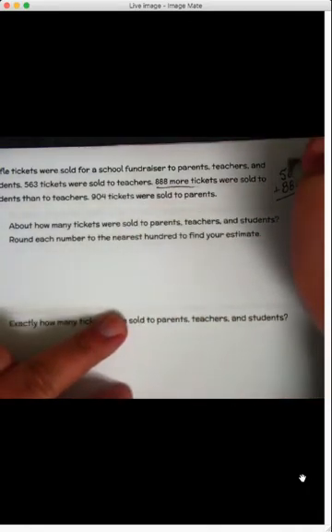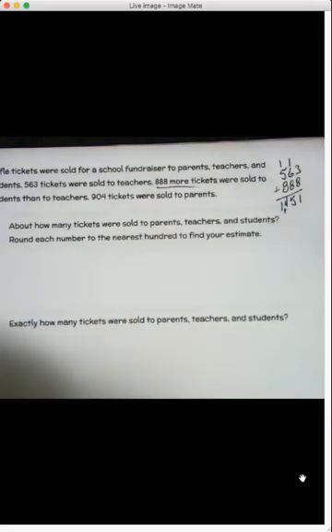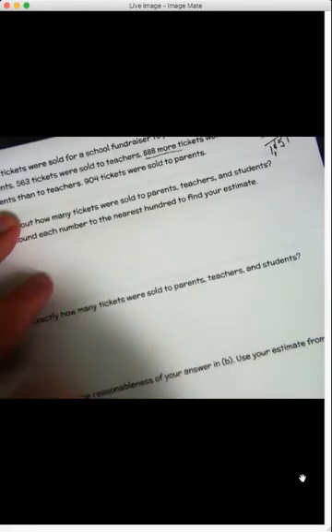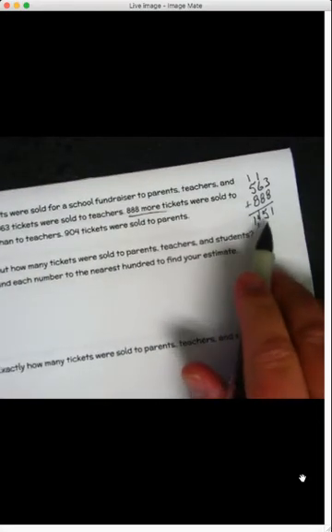Put our 1 down, carry our 1. 1 plus 6 is 7, plus 8 is 15. 5 down, carry our 1. 1 plus 5 is 6, plus 8 is 14. So there were, I'm going to write it right here, students, there were 1,451 tickets sold to students. We found that out when we added these two numbers.